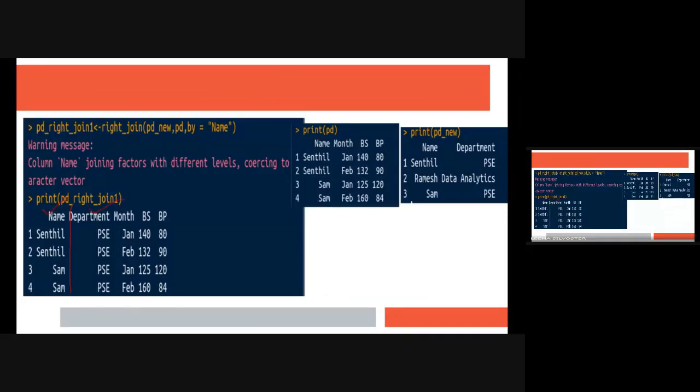But the values are the same. Senthil B.Sc, Sam B.Sc. Similar to left join, Ramesh is absent here. We cannot add Ramesh because Ramesh is not a common factor for PD and PD new.